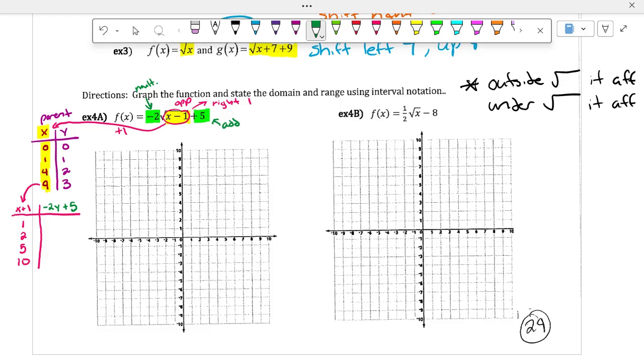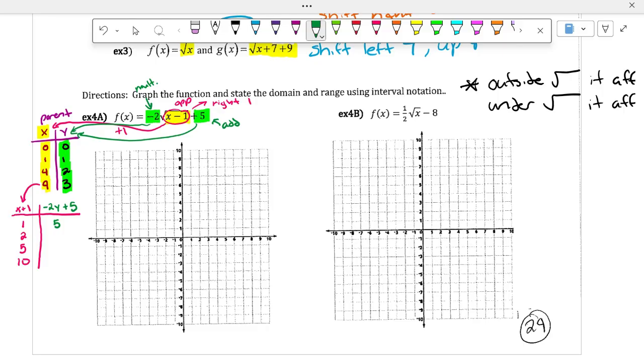So, let's just talk our way through it. What's 0 times -2? 0 and then plus 5. 5. So 1, 5. So we're taking these and we're affecting the y value at the same time. All right.